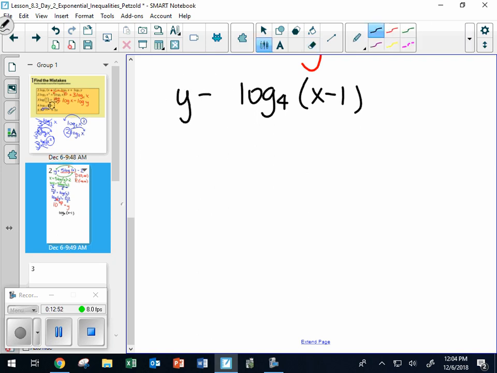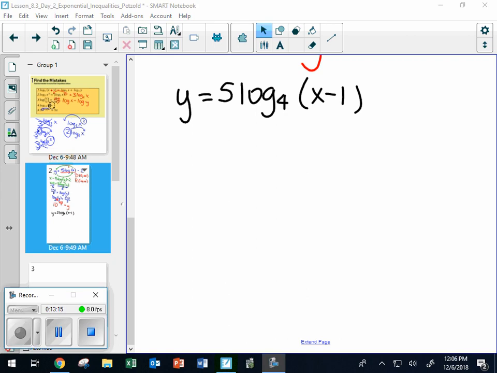Let's make this y is equal to 5 times log base 4 of x minus 1. I would like you to find the domain and range first, and then I want you to find the inverse function. I'll pause to give you a few moments to work.